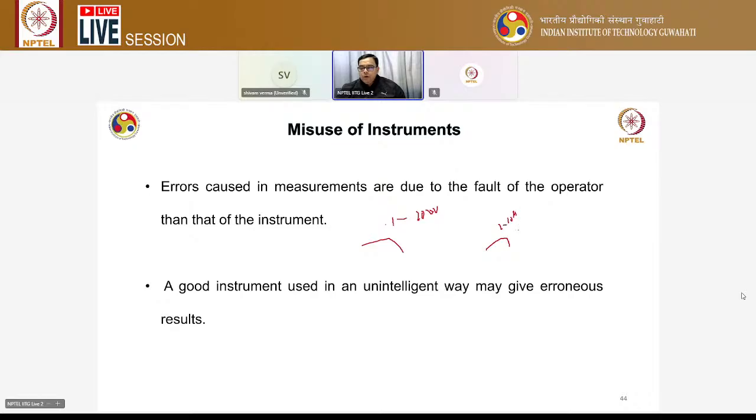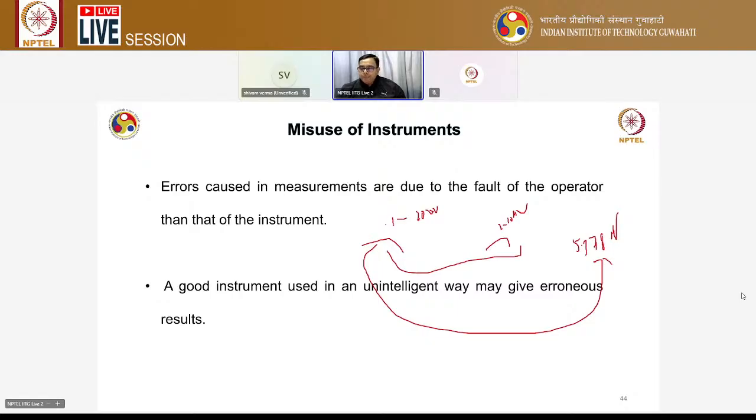Now you want to measure a voltage of, say, 5.378 microvolt. In this case, if you use the first voltmeter, it means that you are using your voltmeters in an unintelligent way.